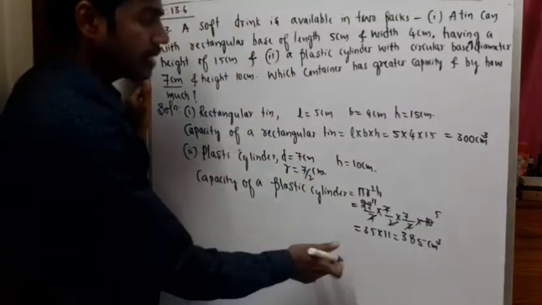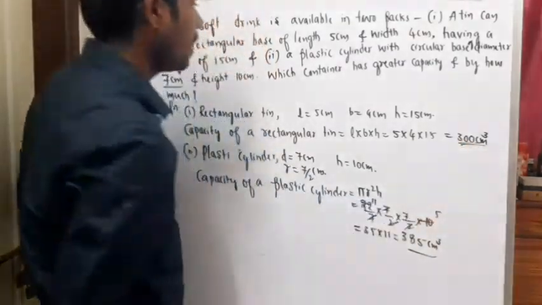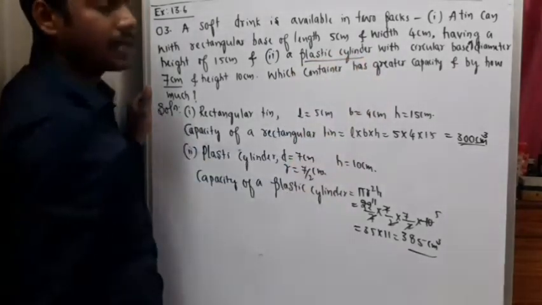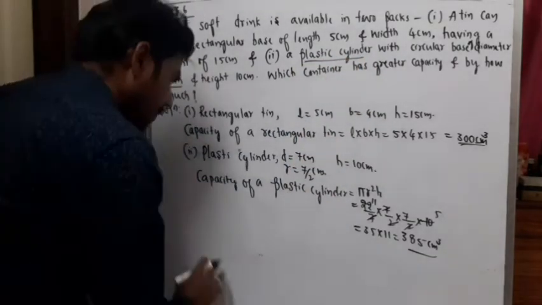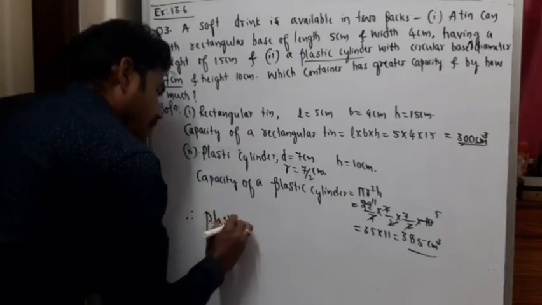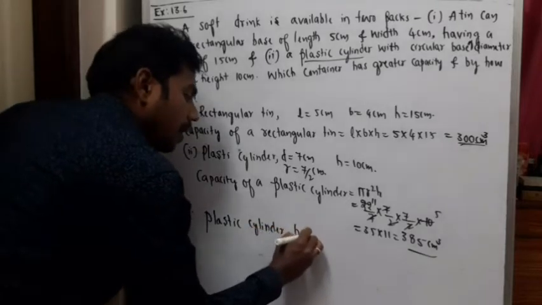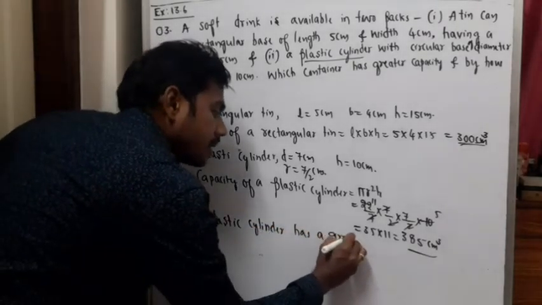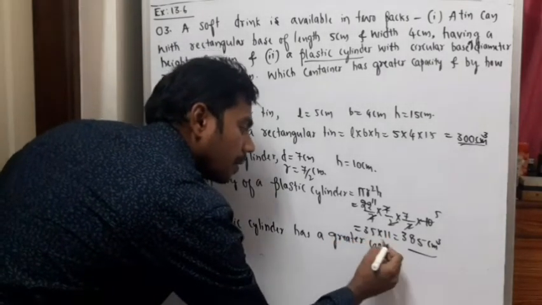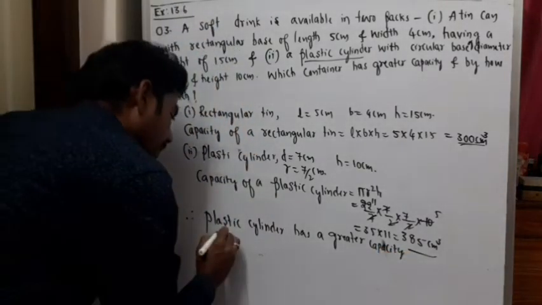So which one has a greater capacity? The plastic container, plastic cylinder with circle. So plastic cylinder has a greater capacity. Therefore plastic cylinder has a greater capacity by how much?